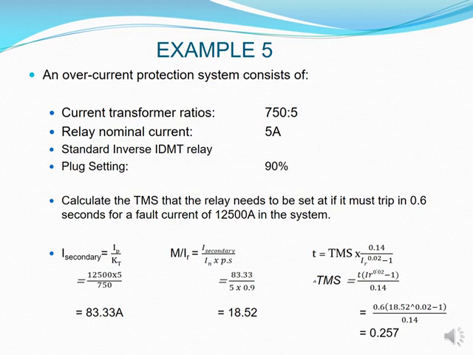How do I know that I've utilized the right formula? Because they said my relay was a standard inverse IDMT relay. If they had said it was a very inverse, I would utilize the other formula, and likewise for extremely inverse. So you must know what type of relay they're saying you must use to be able to calculate your TMS properly. Otherwise, you won't get the right answer.